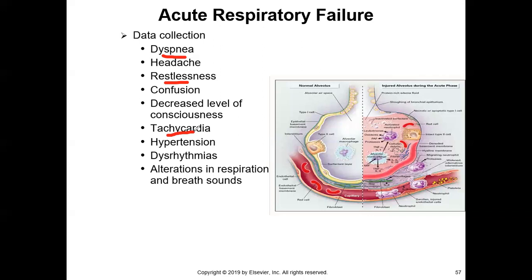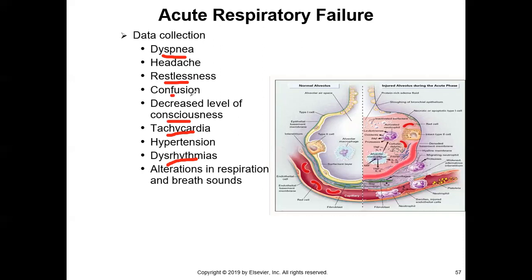When the heartbeat goes above the upper normal limit, dysrhythmias develop. Because oxygen goes down but carbon dioxide accumulates in the body, it leads to a decreased level of consciousness, right?